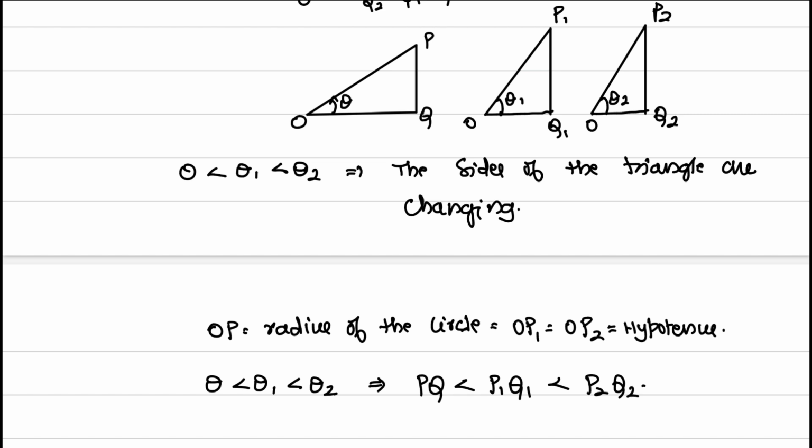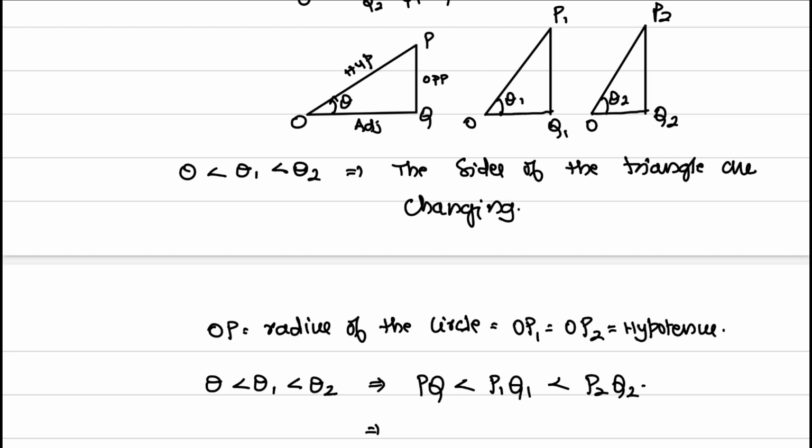At the same time, this is the side opposite to the angle, the opposite side. Adjacent to the angle is the adjacent side. This OP is the hypotenuse, that is the radius of the circle, which is constant. As theta increases, the opposite sides increase: PQ is less than P1 Q1 is less than P2 Q2.